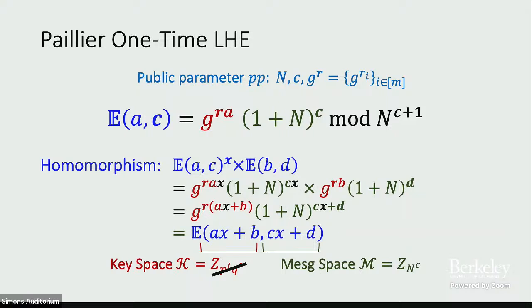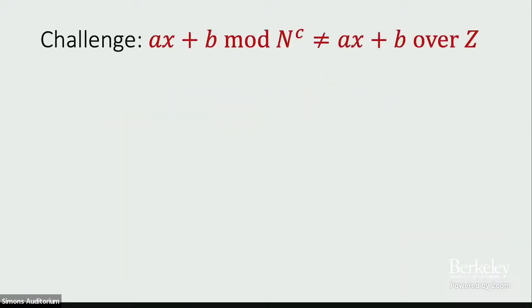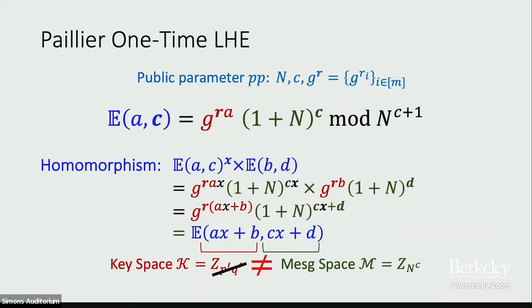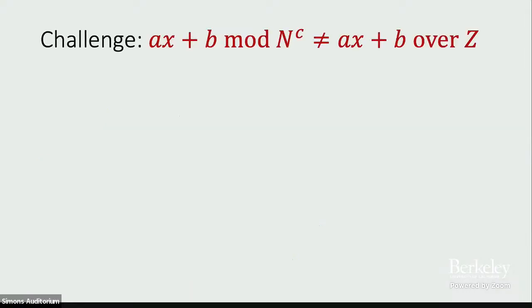If I get ax plus b over the integers, clearly I can still decrypt. Now the problem is, if I get a short label in the space of Z_{N^c}, how do I get the value over Z back?